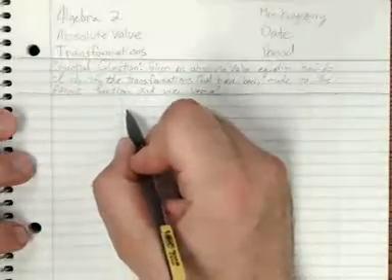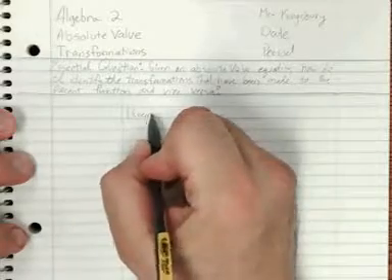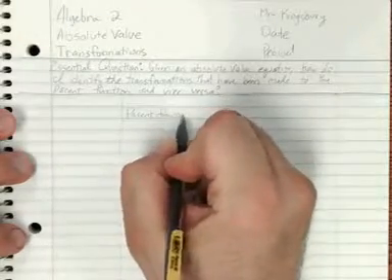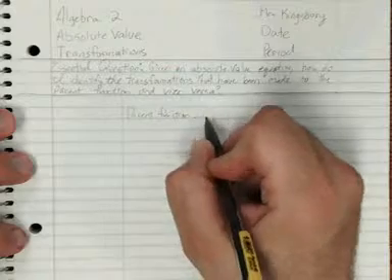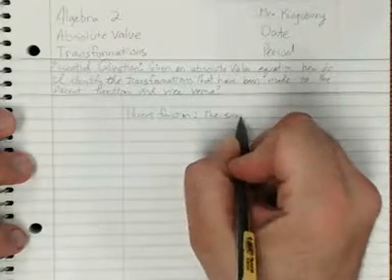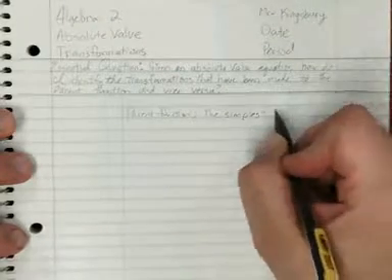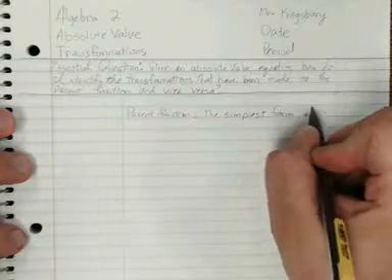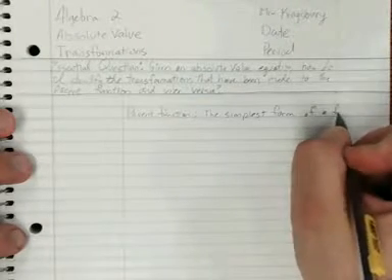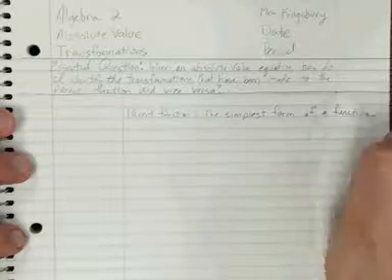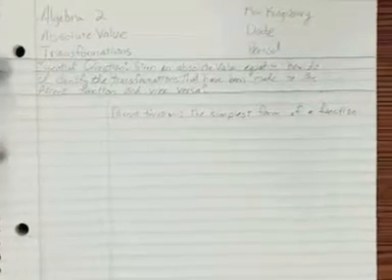So for starters, we need to know what a parent function is. A parent function is the simplest form of a function. Think of it like, you have parents somewhere.